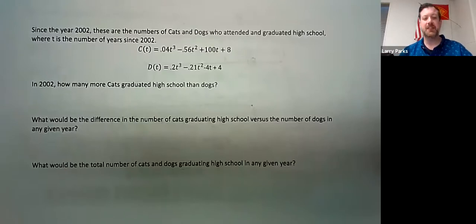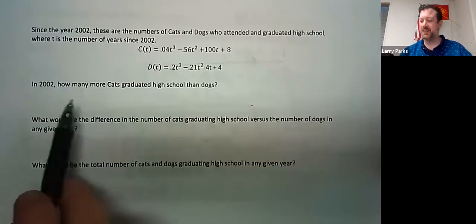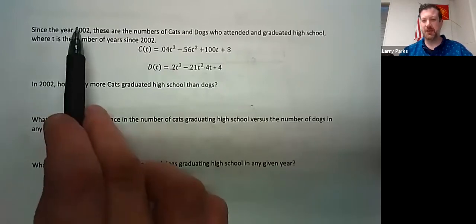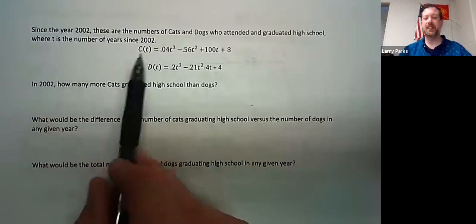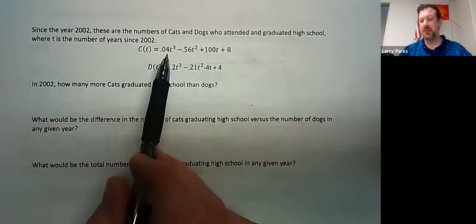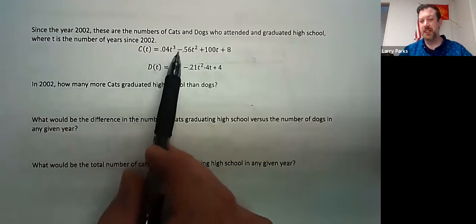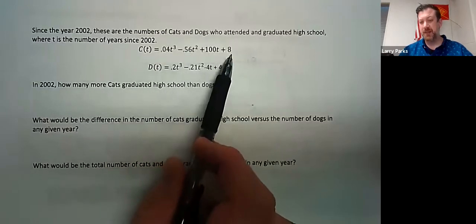So in 2002, how many more cats graduated high school than dogs? Well, 2002 is when I first started collecting the data. And so in 2002, time was 0. So you're going to plug 0 in here and you're going to get 8. So 8 cats.